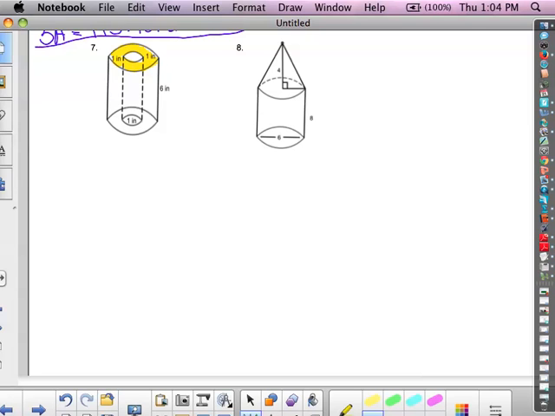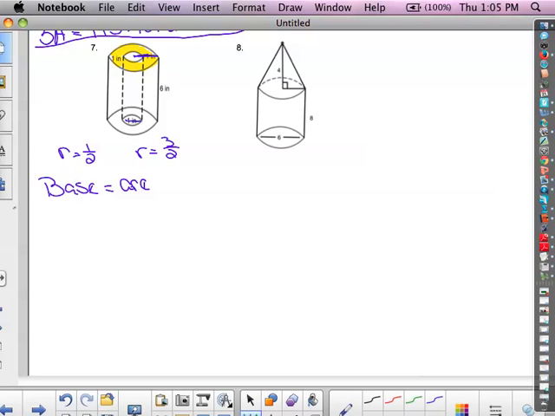The diameter of this small circle is 1 inch, which means the radius of this small circle is 1/2, and the radius of the larger circle is going to be 1.5 or 3/2.